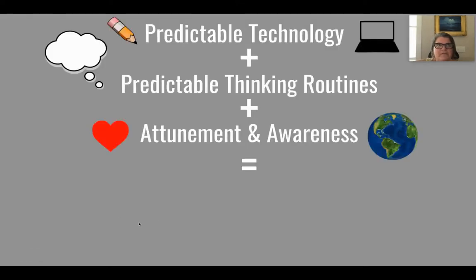So, we have found that a combination of predictable technology, predictable thinking routines, as well as emotional attunement and global awareness really is what is needed to create liberatory educational spaces as we search for those spaces, again, that Dr. Bettina Love calls us to find where all children may thrive.